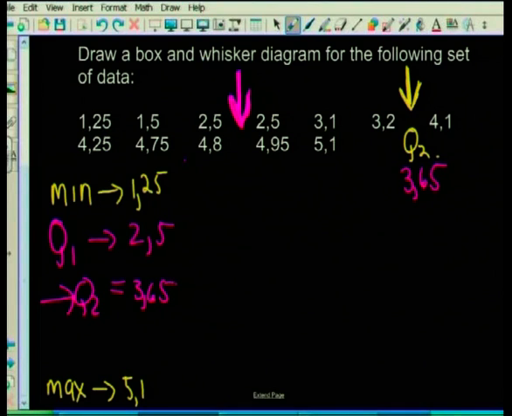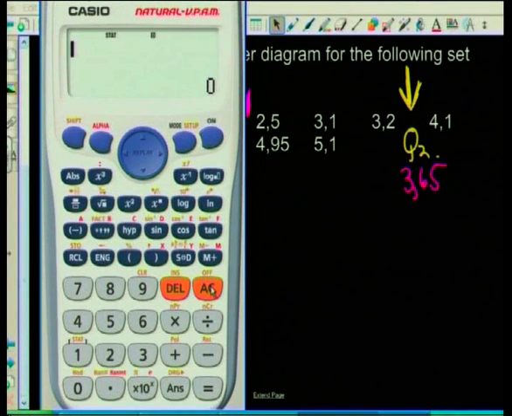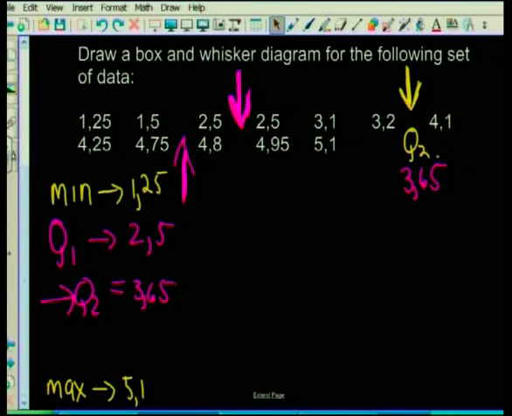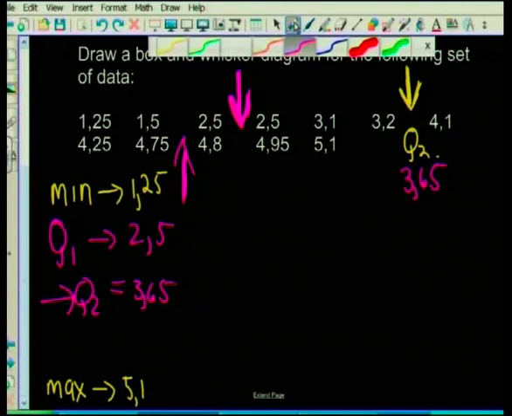And then Q3 falls in between 4,75 and 4,8. Right, divided by 2. And that's 4,775. So let's write that in as well.